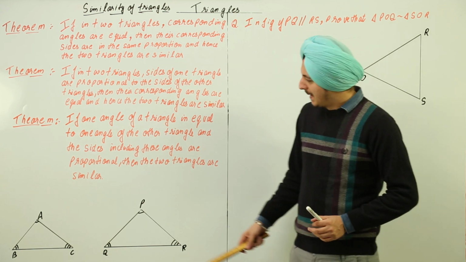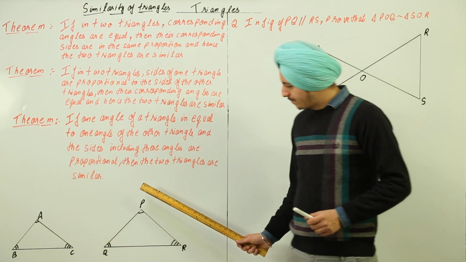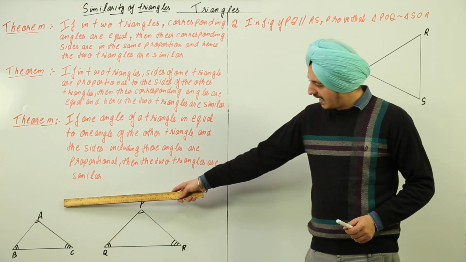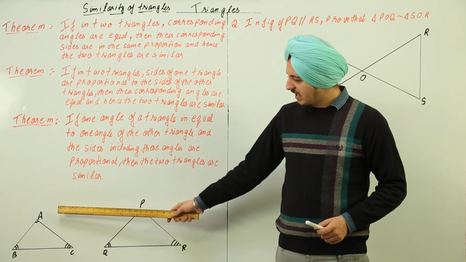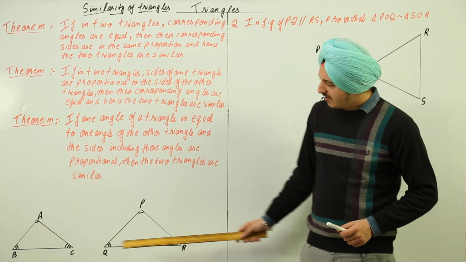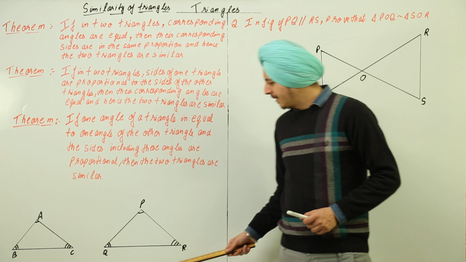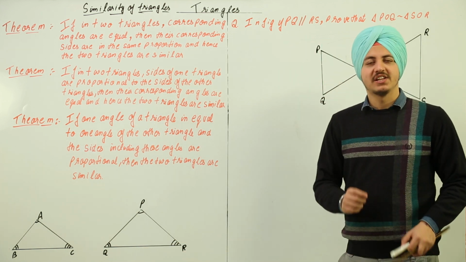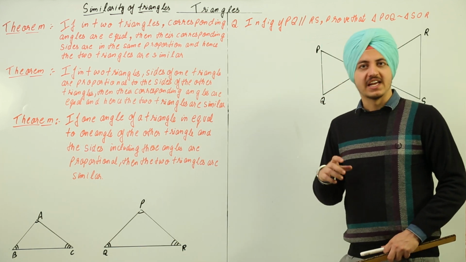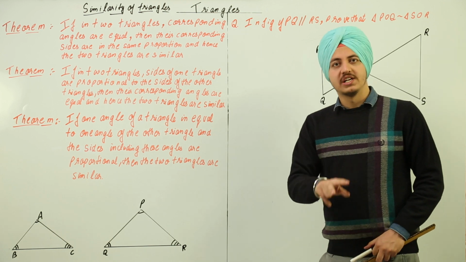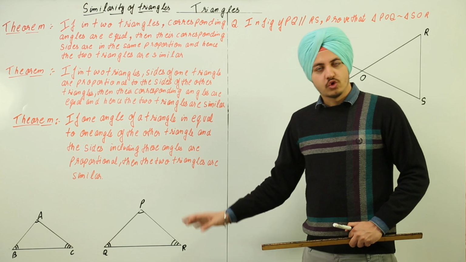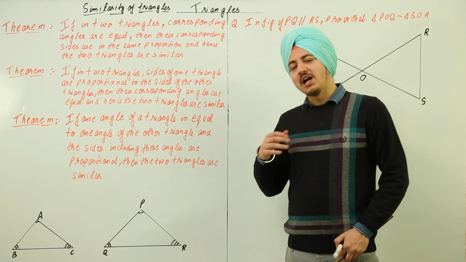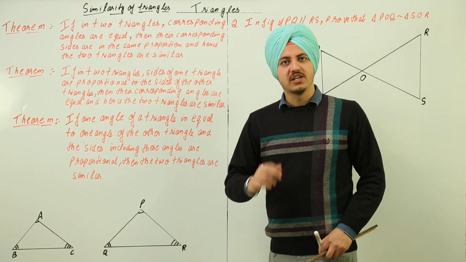AB upon PQ will be equal to AC upon PR, which will be equal to BC upon QR. That means the corresponding sides would be in the same ratio. These two conditions are always true in two similar triangles. I am just telling you what two similar triangles look like.